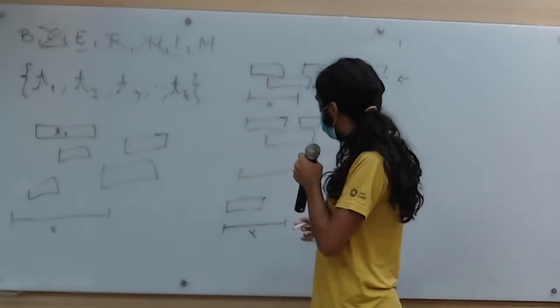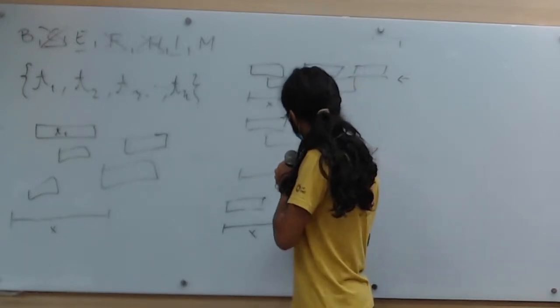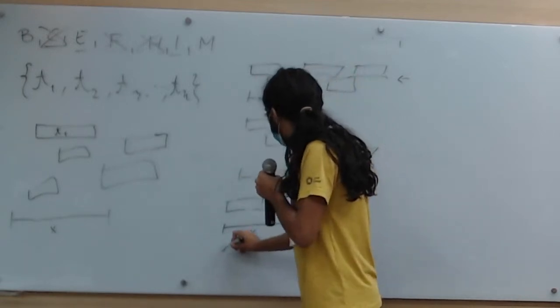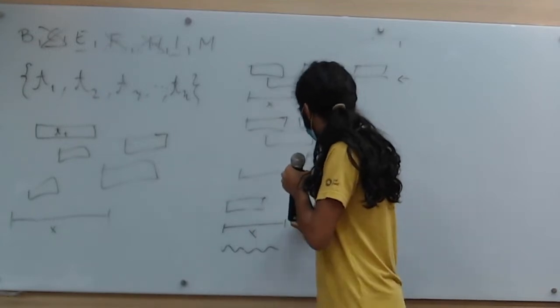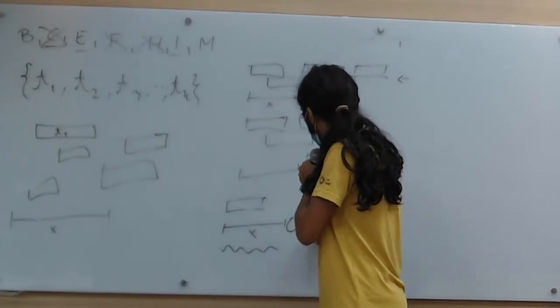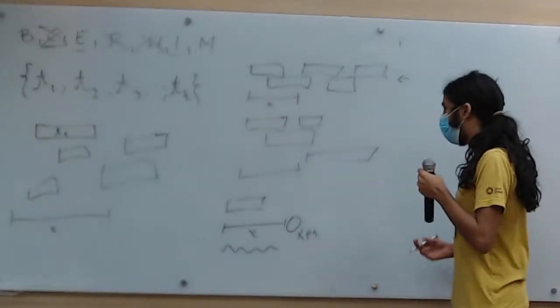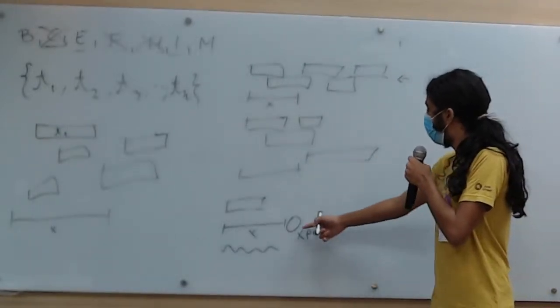So our first message always bans this range of size X. So we can only put messages that end at X plus 1 or higher. And by exchange arguments, it's always optimal to put it at X plus 1.